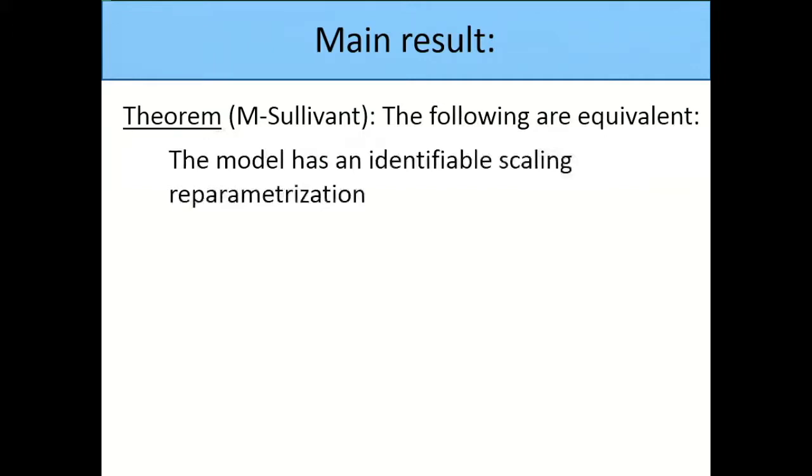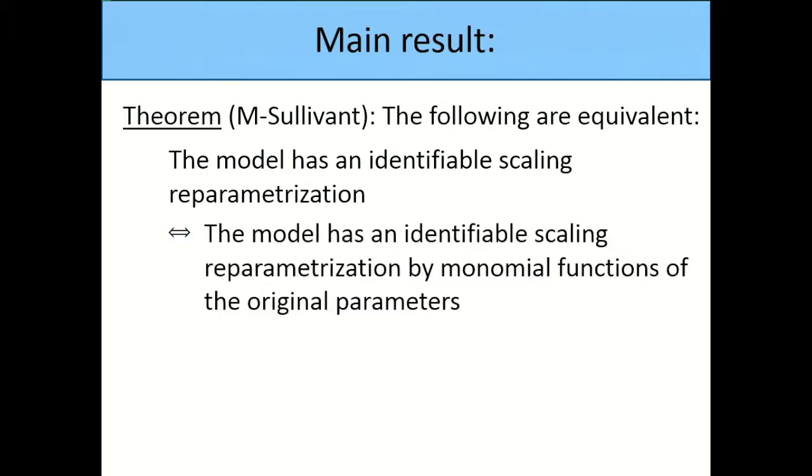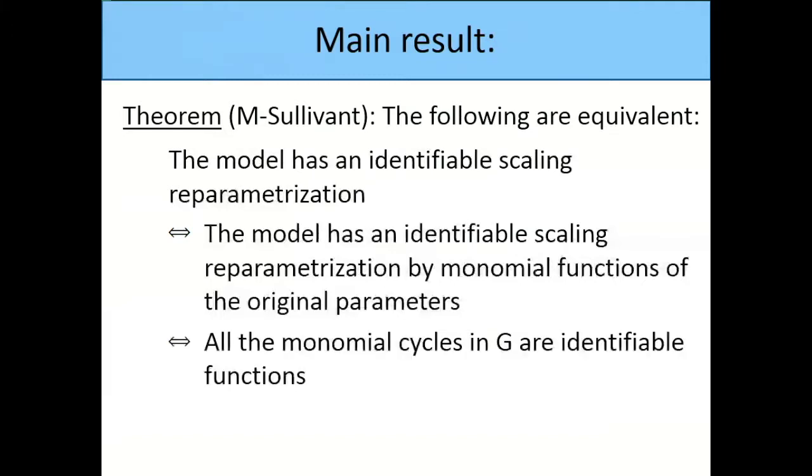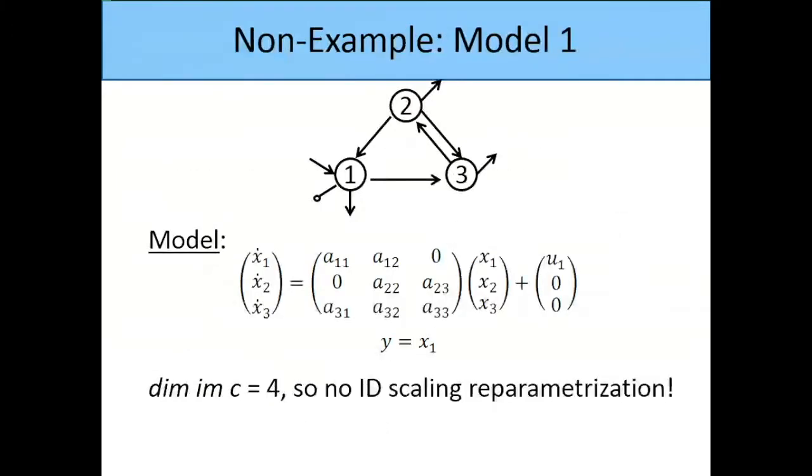We found that a model has an identifiable scaling reparametrization if and only if this scaling can be done by monomial functions of the parameters. This is true if and only if all the cycles in my graph are identifiable, and this is true if and only if the dimension of the image of my coefficient map is maximal. It's m plus 1.